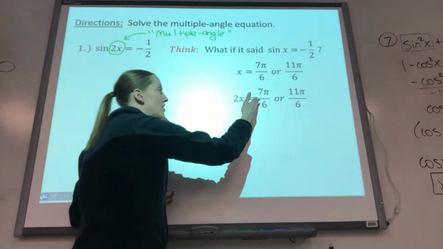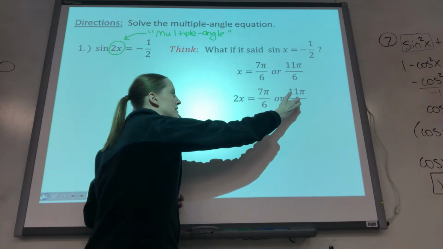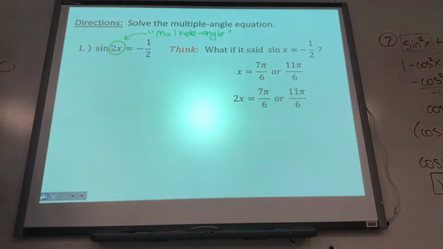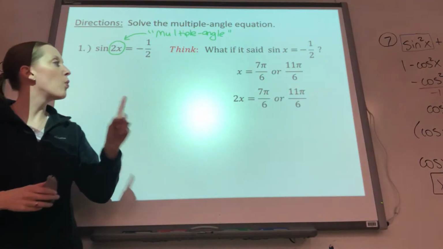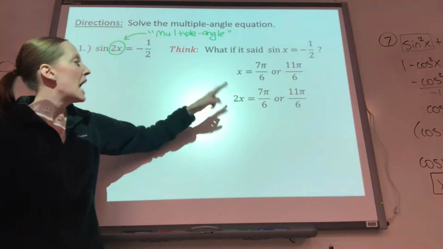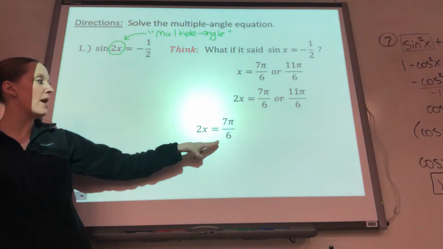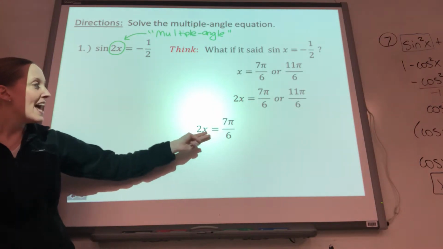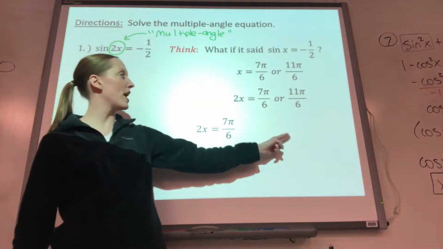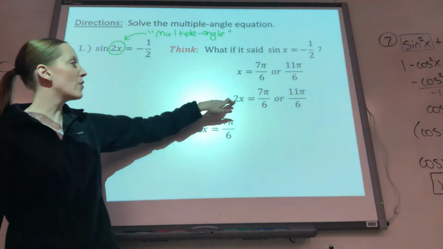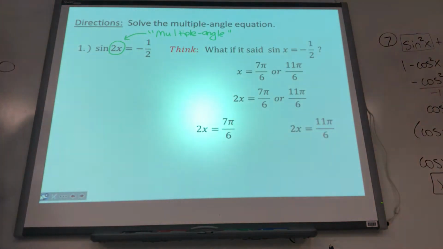We pretty well use these numbers to set up different equations. On one of my equations, I want 2x to equal 7 pi over 6. And on the other equation, I want 2x to equal 11 pi over 6.